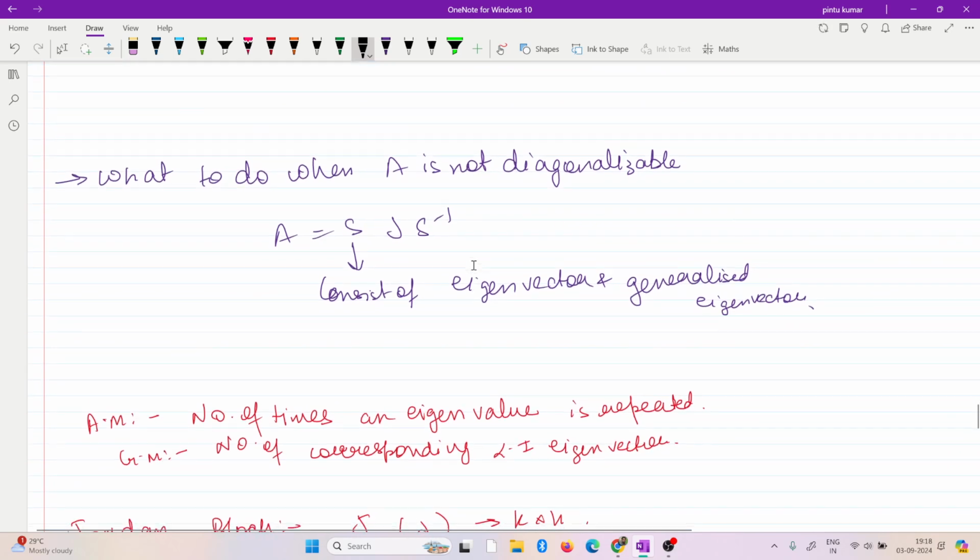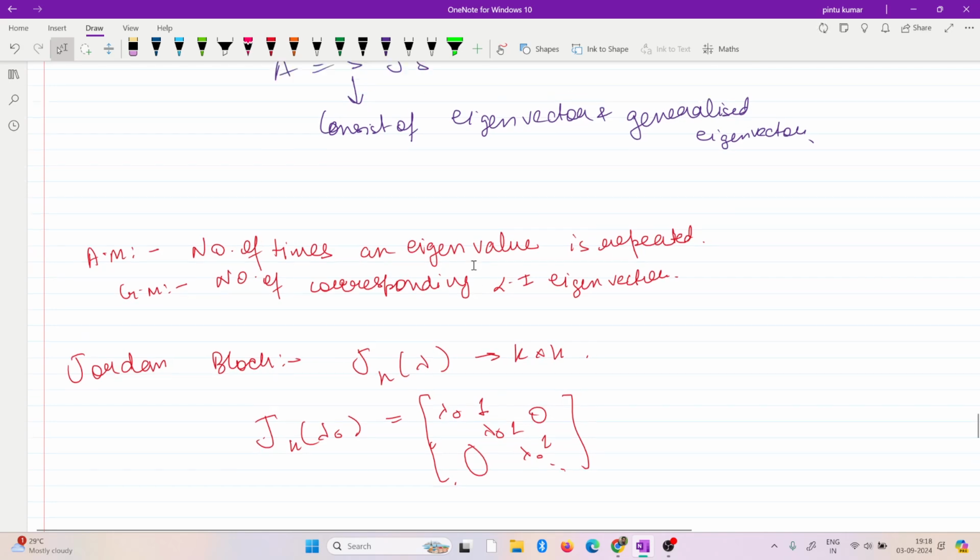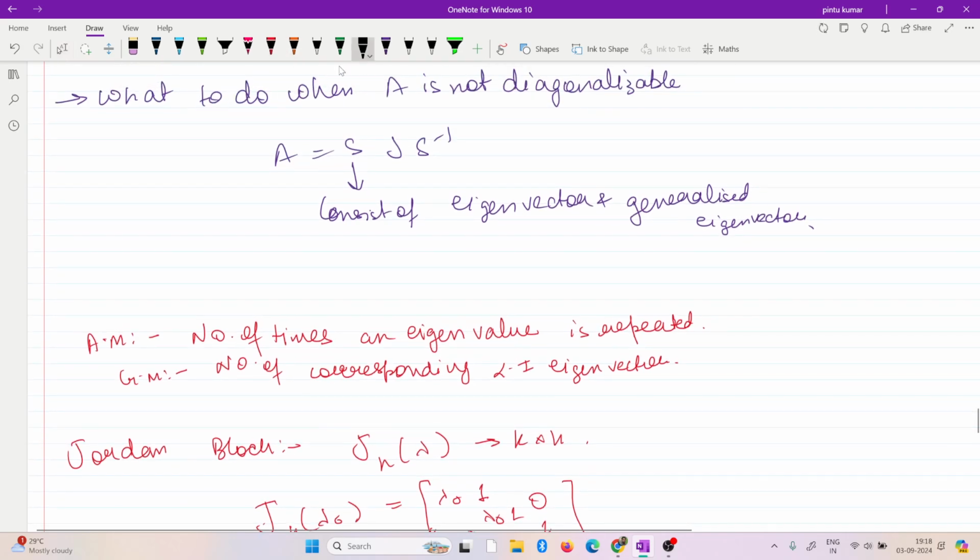Now I'll get to what is known as the Jordan canonical form. This is what I already discussed, that why do we want something like this? So this is J S J inverse. We want something like this, where J is a Jordan block matrix. And now because you don't have enough number of eigenvectors, this S matrix, so for example, in eigen decomposition, you had PDP inverse.